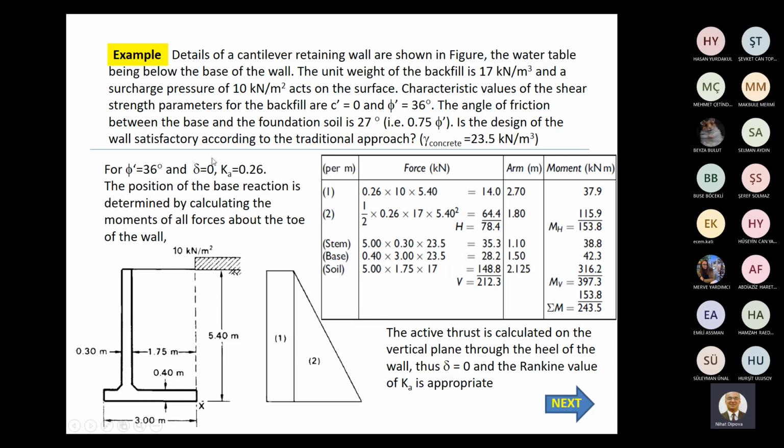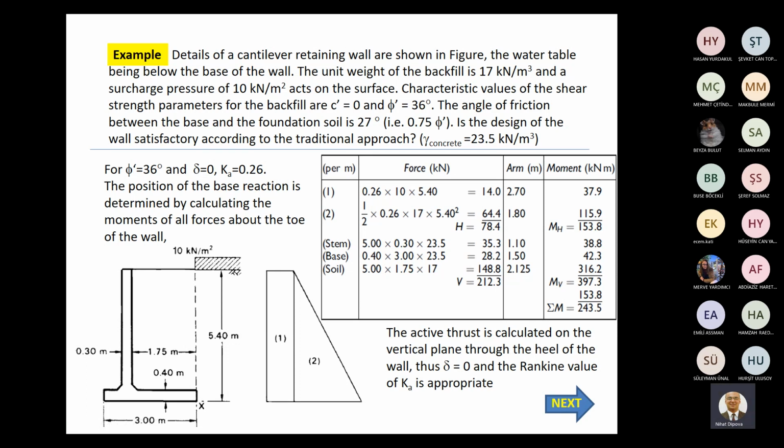This is the case for Rankine method. So active earth pressure coefficient can be taken as 0.26. You can calculate. Please check this result using the equation when you study at home.